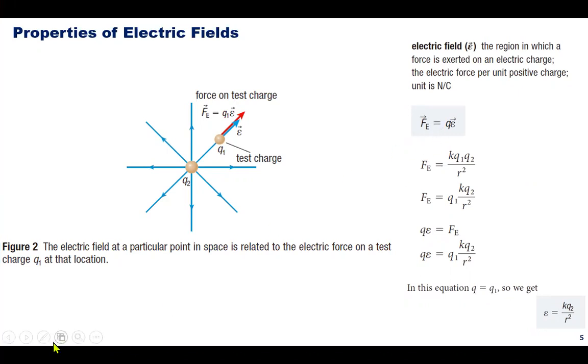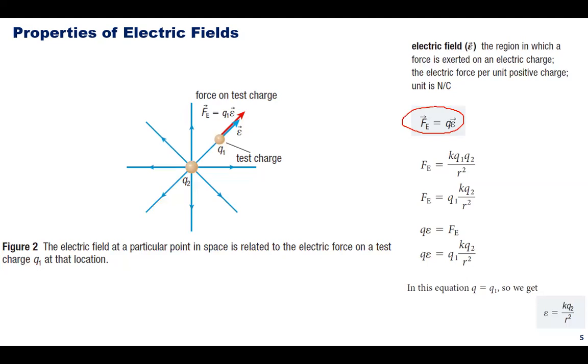The electric force Fe equals Q times the electric field strength, which is denoted by epsilon. The electric force Fe is thus parallel to the electric field epsilon, with direction depending on whether the charge is positive or negative.